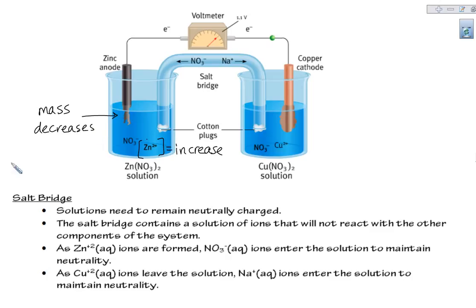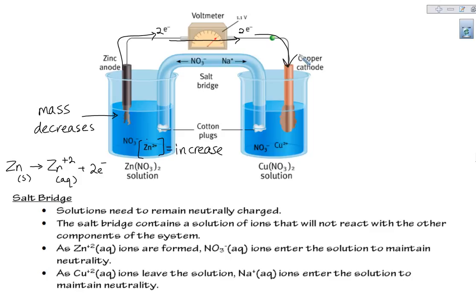According to the balanced equation, which was the zinc solid forming the zinc plus 2 ion, and then those two poor little electrons will flow through the wire, through my voltmeter, then those two little electrons are picked up on the other half by the copper metal, the copper cathode.